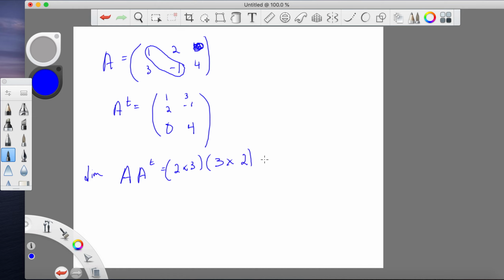So if we were to compute this, the dimension would be 2 by 2. And if we were to do the computation A transpose A, then this would be a 3 by 2 matrix and a 2 by 3 matrix. And so the resulting matrix would be 3 by 3.